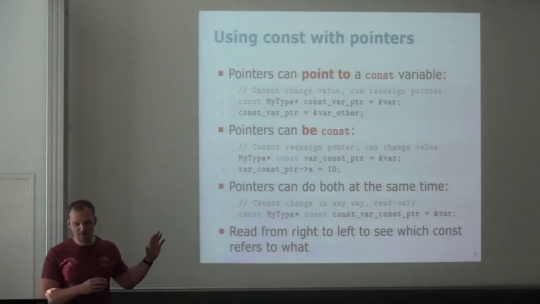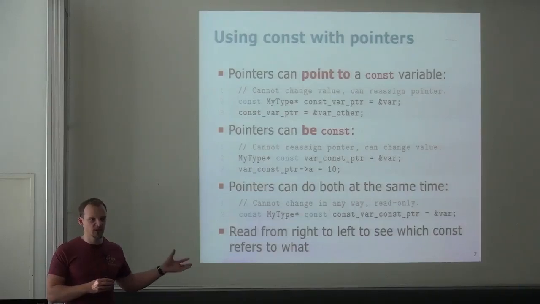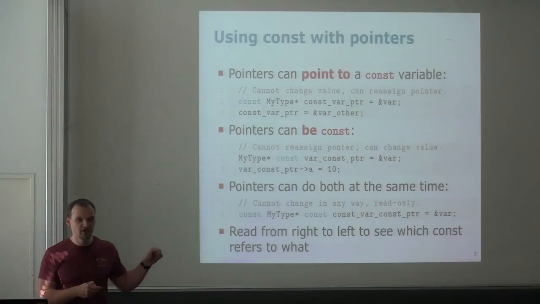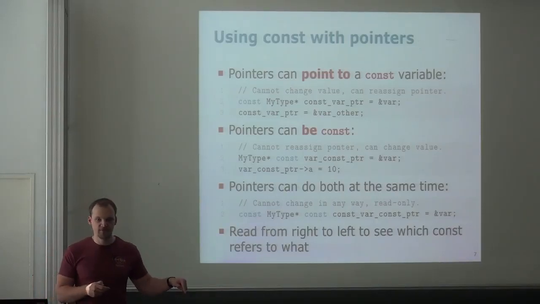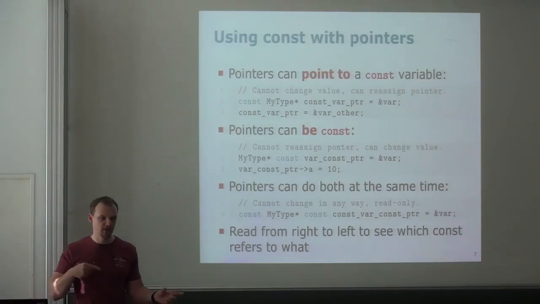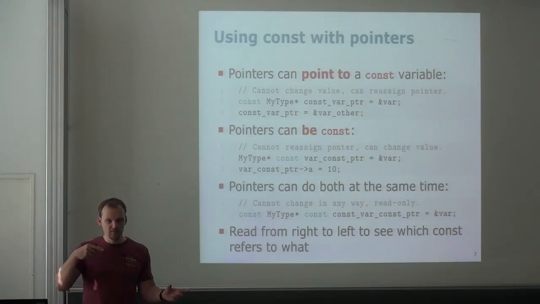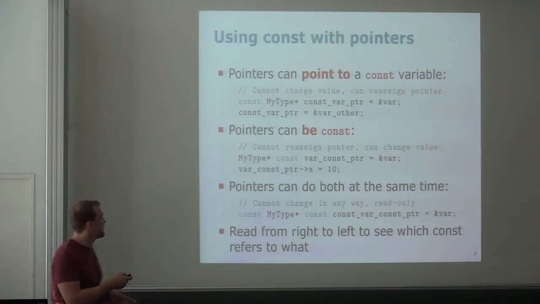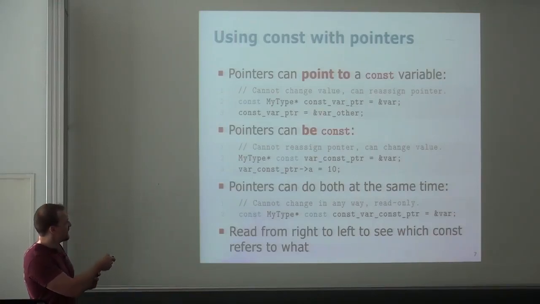So there are a couple of flavors of using const with pointers. A pointer can point to a const variable. It means that the variable under the pointer is constant, but the pointer itself is not. So you can change this pointer to point to some other variable, but the variable under the pointer you cannot change. So it looks like this.